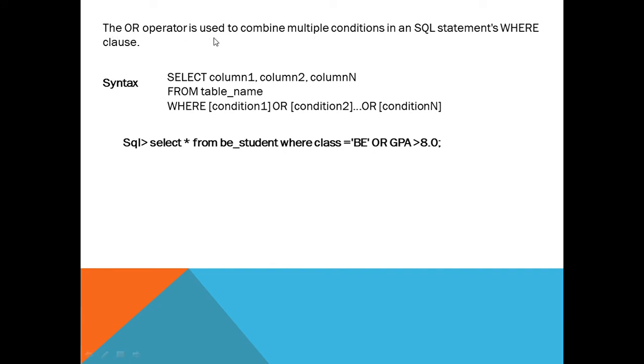The OR operator is used to combine multiple conditions in the SQL statement's where clause. This is the syntax for the OR clause. Suppose I write the SQL command select asterisk from B student where class equal to B or GPA is greater than 8.0.